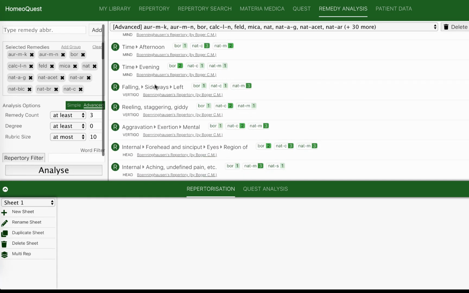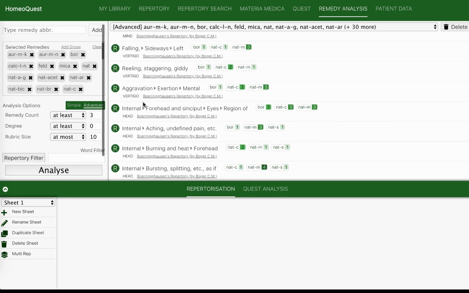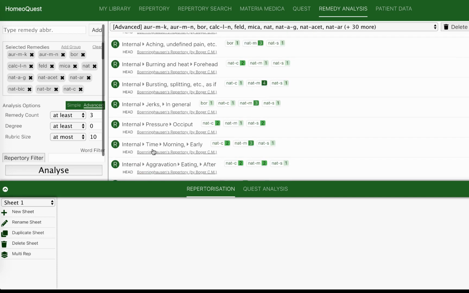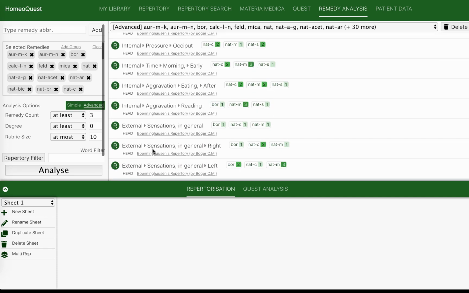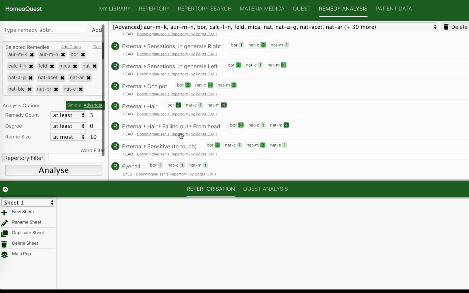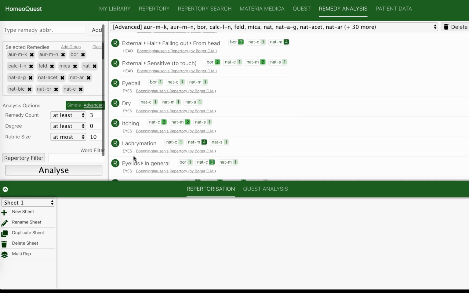And then let's look at what else is coming up. So imagine a depressed person who has headaches and vertigo, falling to the left, different types of head pains, aggravated by reading and after eating, hair fall with depression, dry itchy eyes and lacrimation.